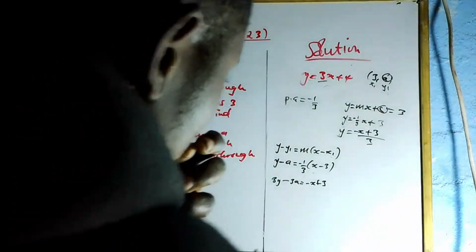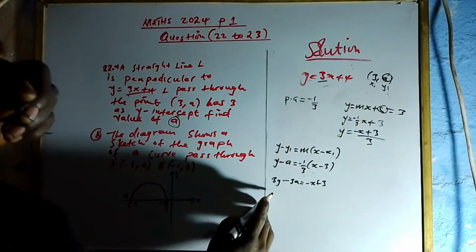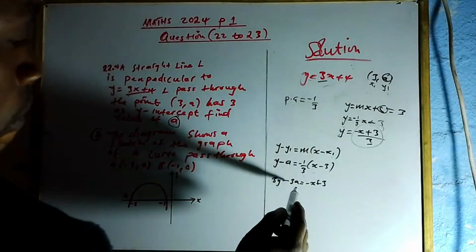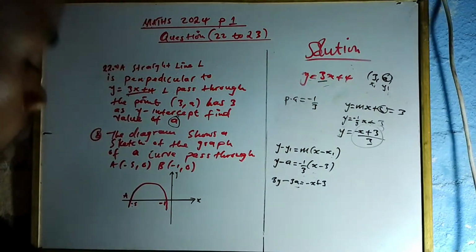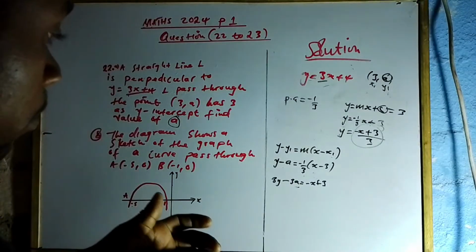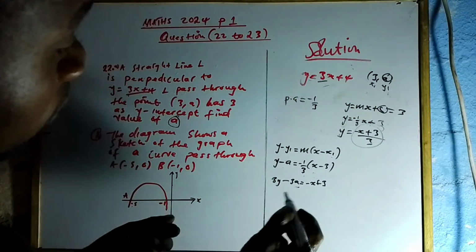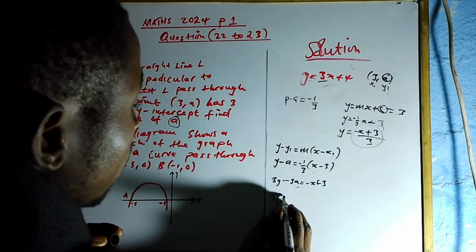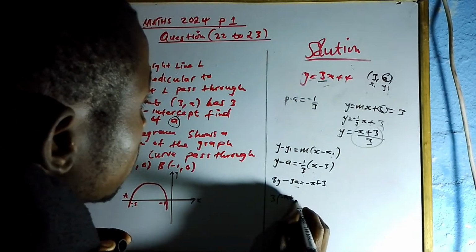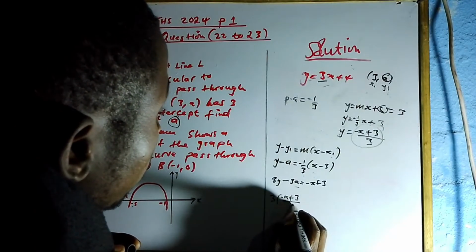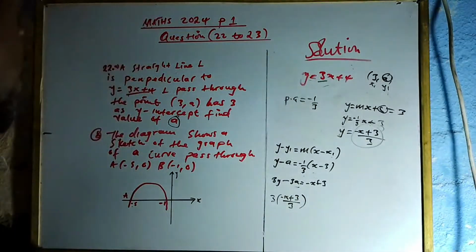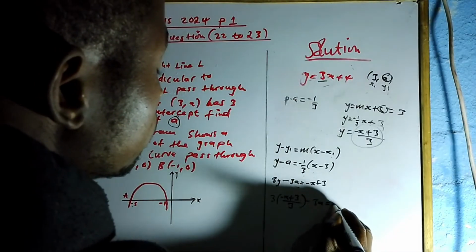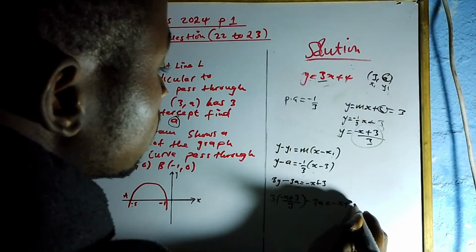So now if you reach here, you can substitute where this y is with this equation, because we're only focusing on finding the value of A. We are going to substitute 3 open bracket minus x plus 3 over 3 close bracket, then minus 3A, which is equal to minus x plus 3.